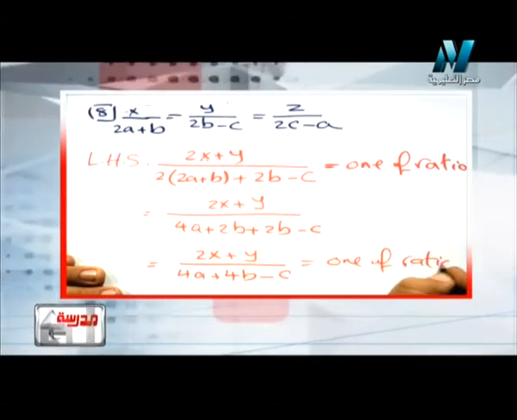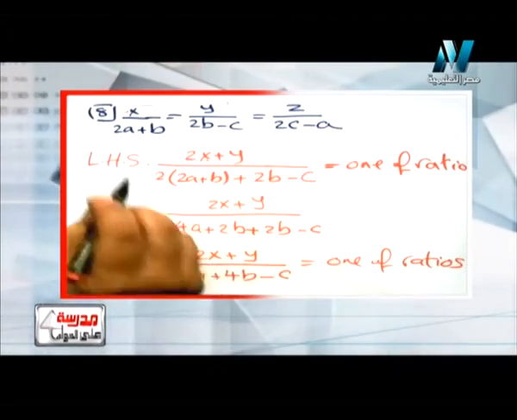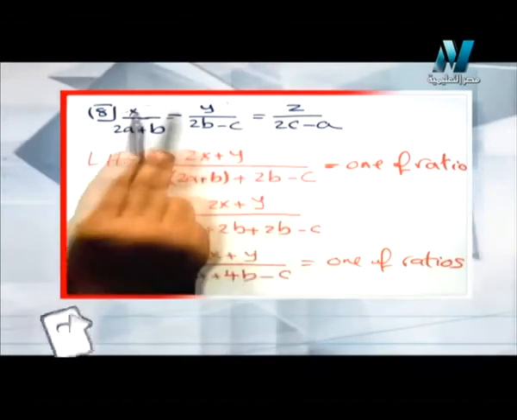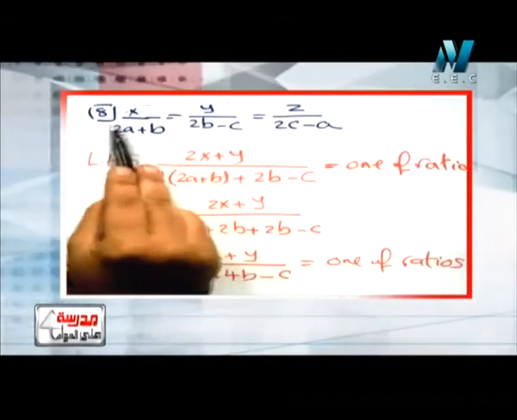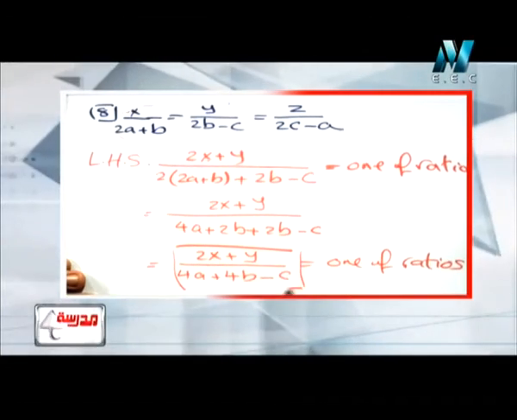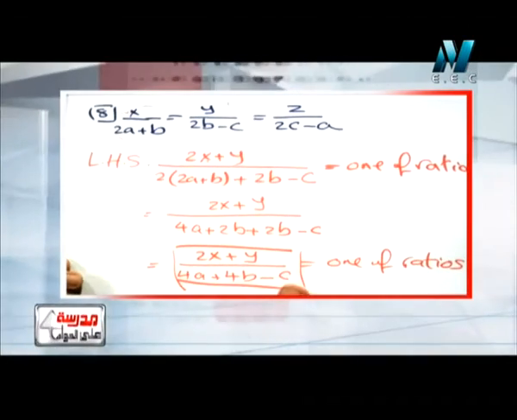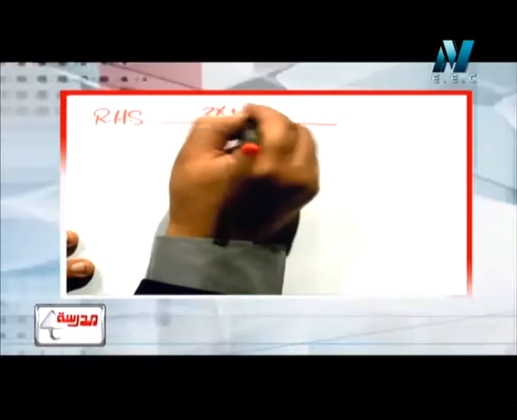As a very important rule we studied now, if we have any operations on the antecedents and the consequents, we have a new ratio equal to one of these ratios. So this is for the left hand side. Now I'm going to work on the right hand side. For the numerator we have 2x plus 2y plus z.